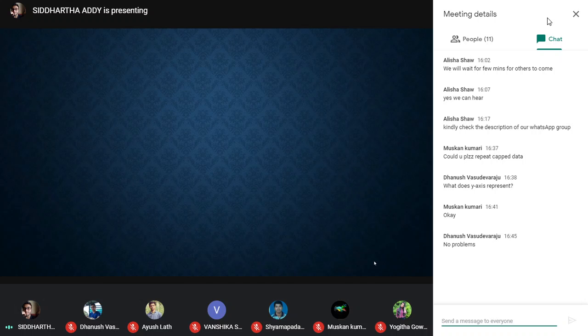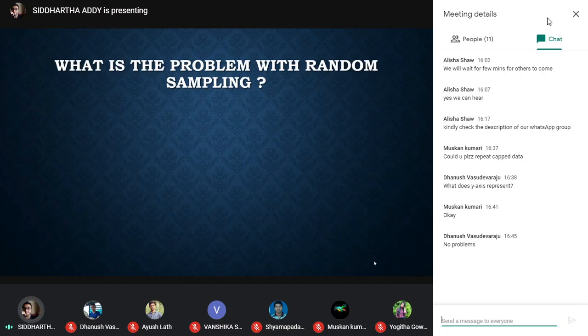How do we split? What is the purpose of splitting right now? We have to understand this thing. We cannot make a random split. What is the problem with random sampling or random splitting? This is the question that we have to understand.